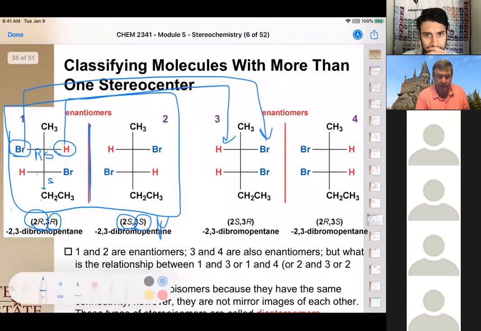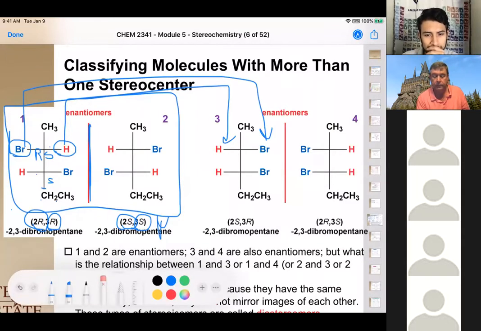Any questions? Yes. It just looks like you're trying to find all possible outcomes of the stereocenters, and will hydrogen always be the opposite, or is it just the lowest priority group that will always be opposite? Well, I still don't know what you mean by opposite.